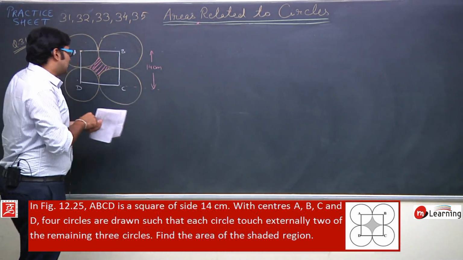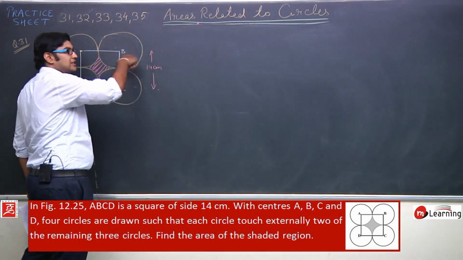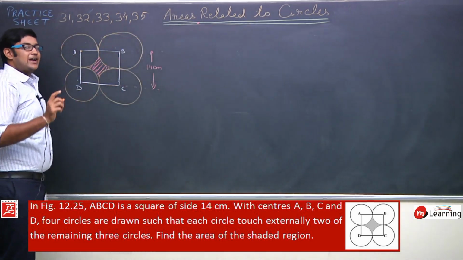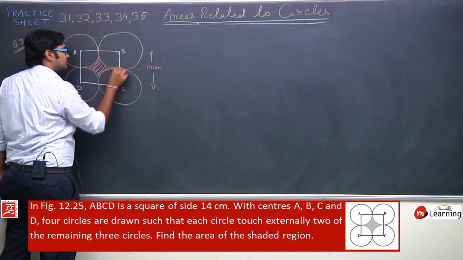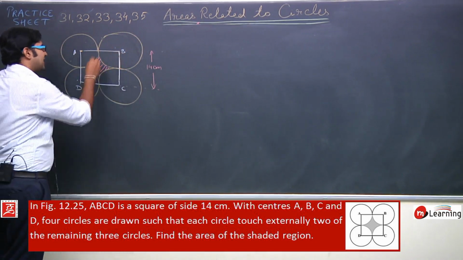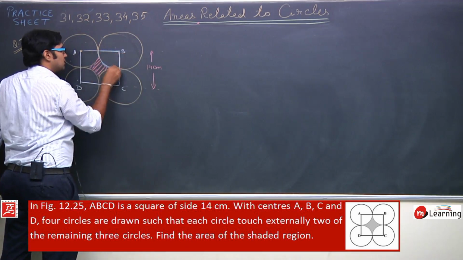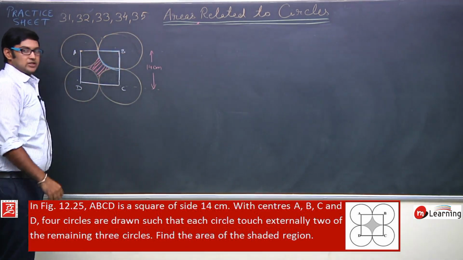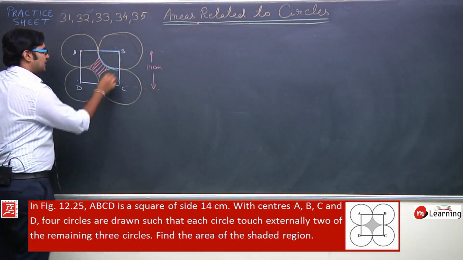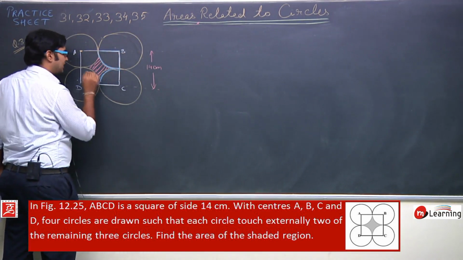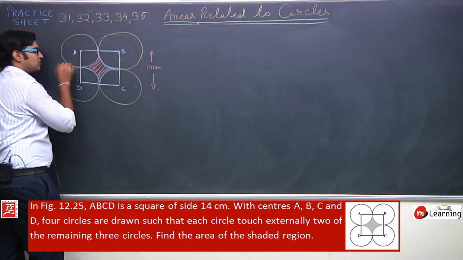But do I need to calculate the complete area of the circle? No. My required area is only this much. I need to remove this part from the square, then this part, then this part, and then this part.